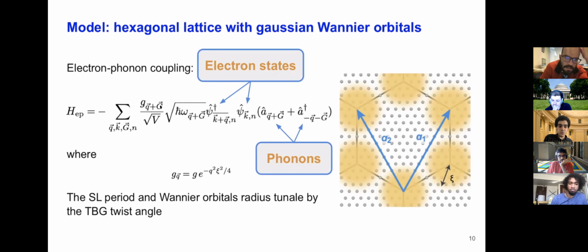Therefore, why do I still have some dependence on Q? This is something new that comes from the localization of my Wannier orbitals.